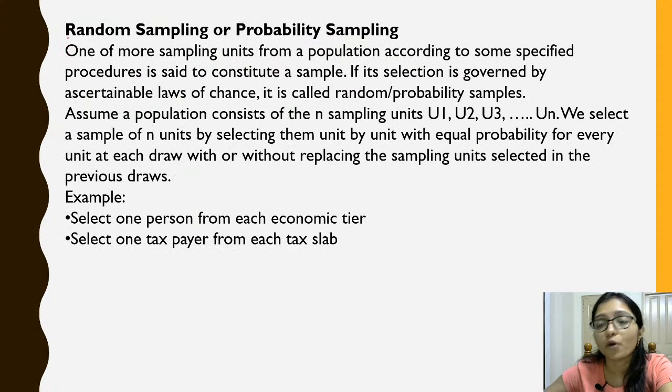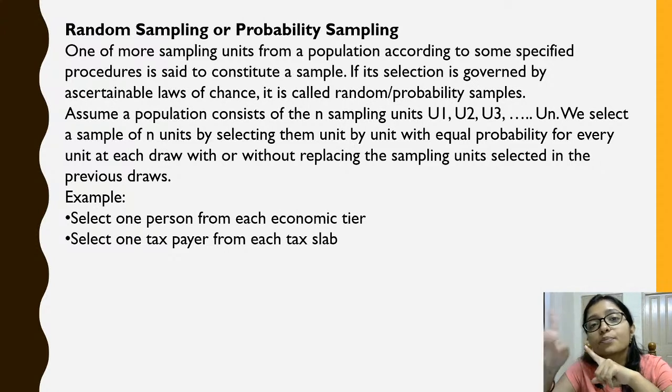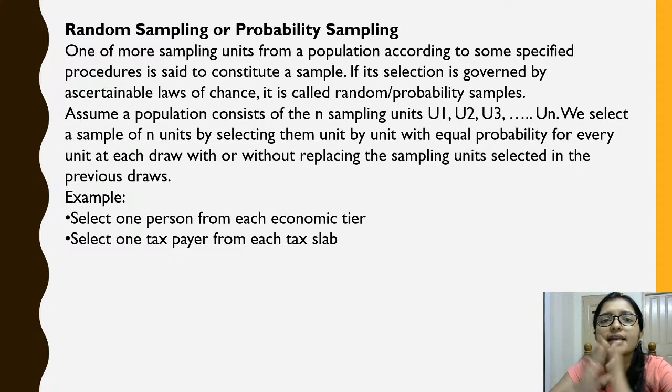Now come to the point, there are two types of sampling. One is random sampling, another is probability sampling. Random means, say there are 10 boys and 10 girls, or maybe 5 boys, 5 girls, and you are going to a school and randomly selecting.